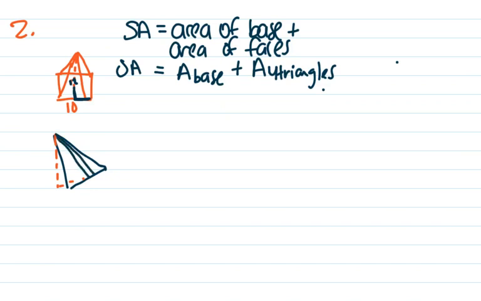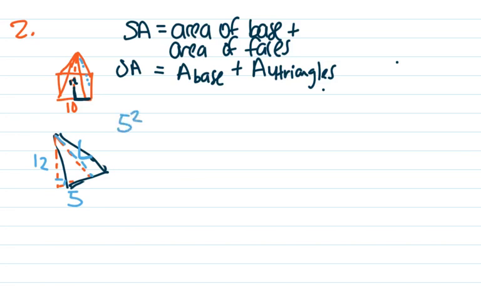And I need to find the height of these side triangles. So using that information, if the base is 5, that length is 12, and I need to find this length here, which we're going to call l for slant height, I can use the Pythagorean theorem again to find that height of the triangle on the face.